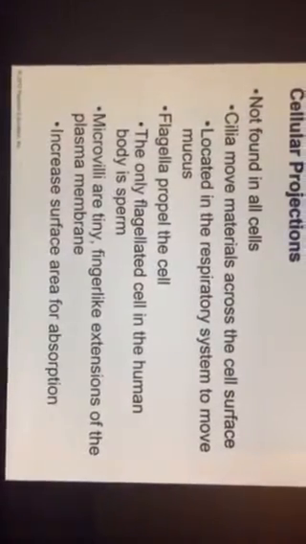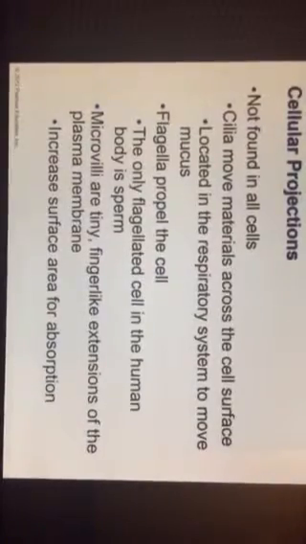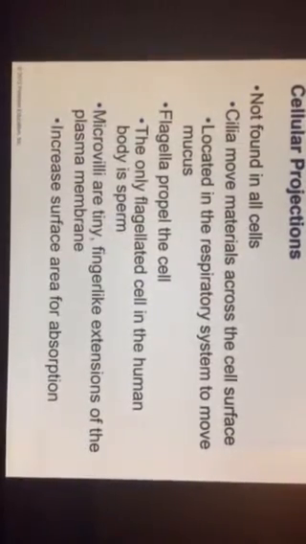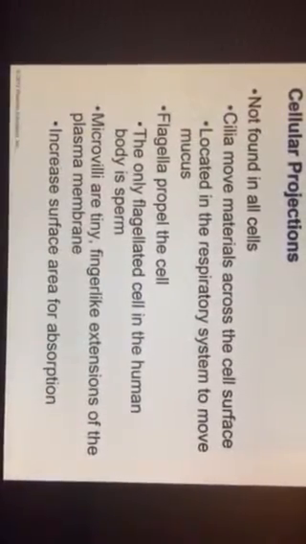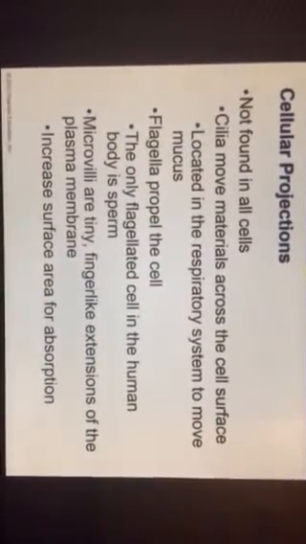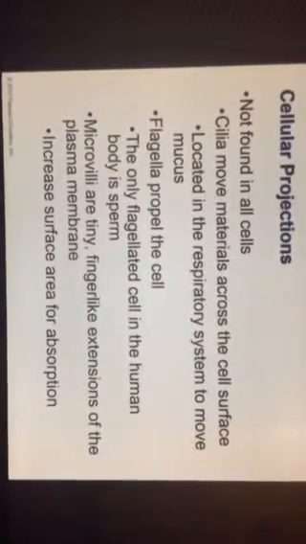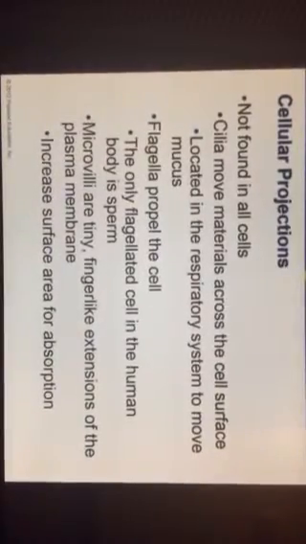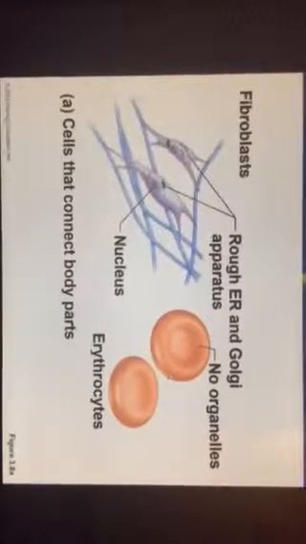You'll find these on the cells that are in the digestive system, little tiny finger-like projections, and they help to give a lot of places where nutrients can be absorbed in your intestines. So you'll never find one cell with all three of these. And lots of cells don't have any of these. There are just a few special cells that have these. There's not even one cell with two of them.